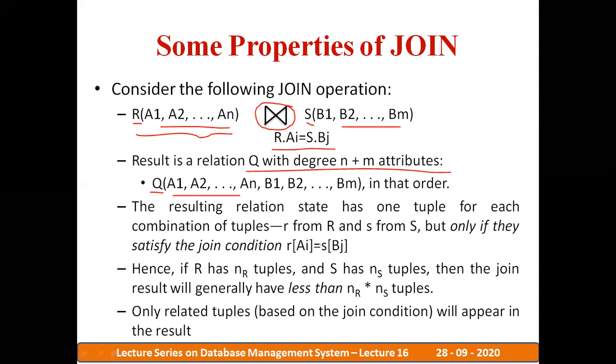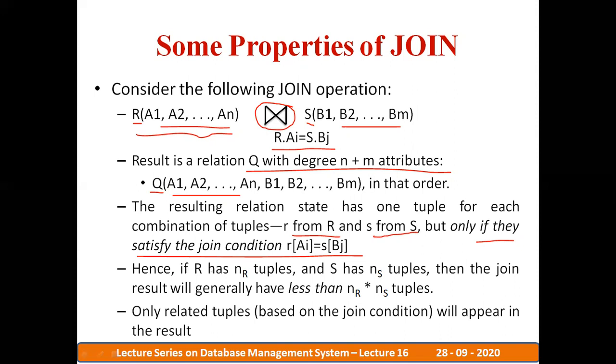Now the resulting relation state has one tuple for each combination of tuples, r from R and s from S. That means we are taking one tuple from the relation state, a lowercase r from the capital R and s from the capital S. But only if they satisfy the join condition, R.Ai equals S.Bj, will you include that tuple in the resultant table.